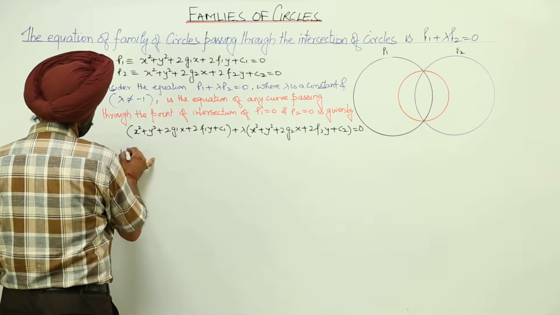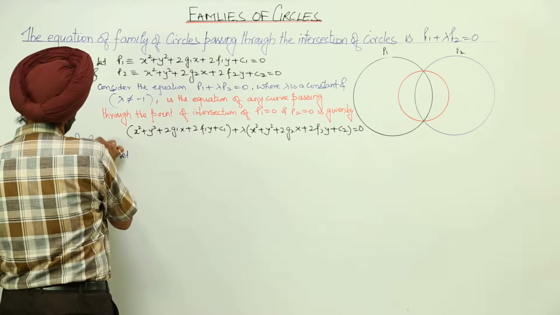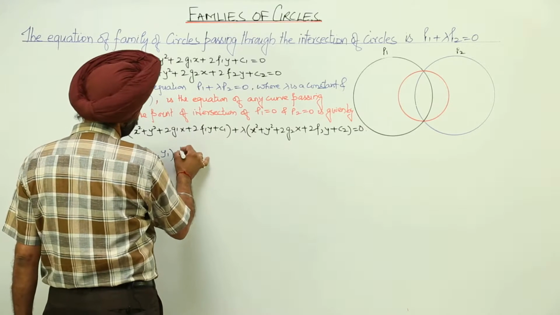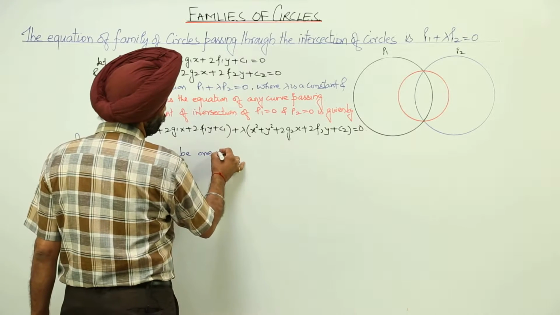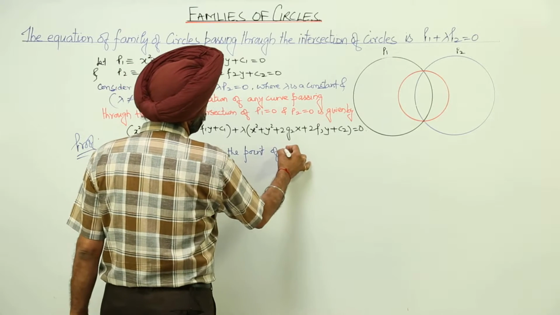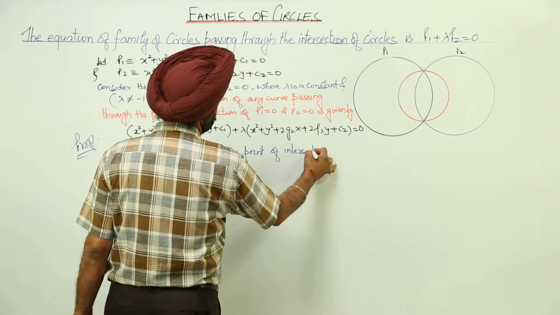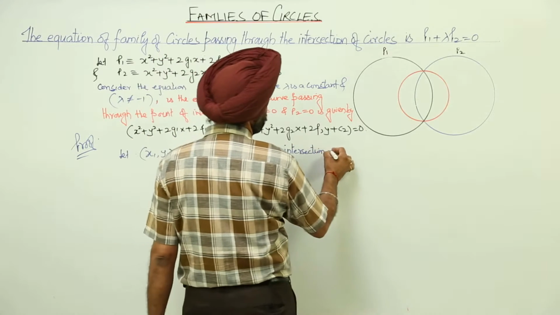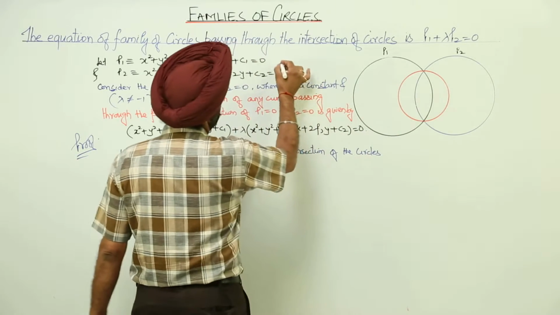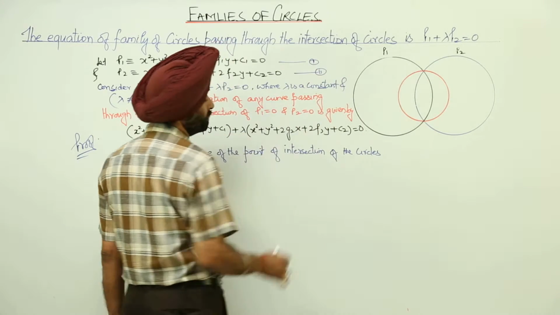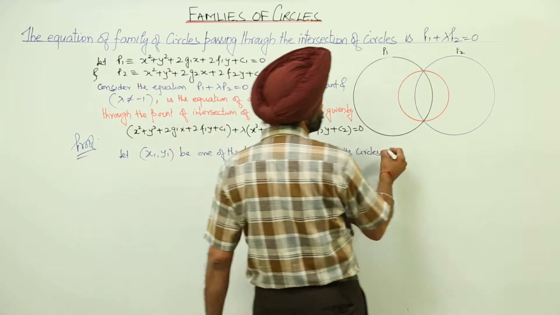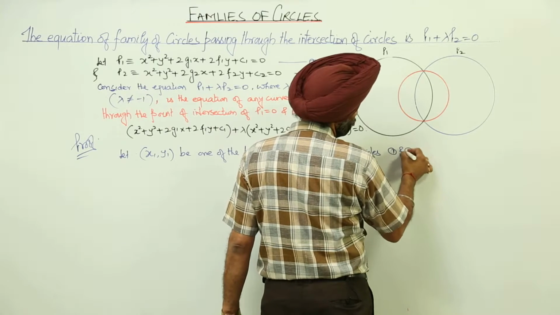Now, proving it. Let x1 y1 be one of the points of intersection of the circles, let this be equation 1 and this be equation 2.